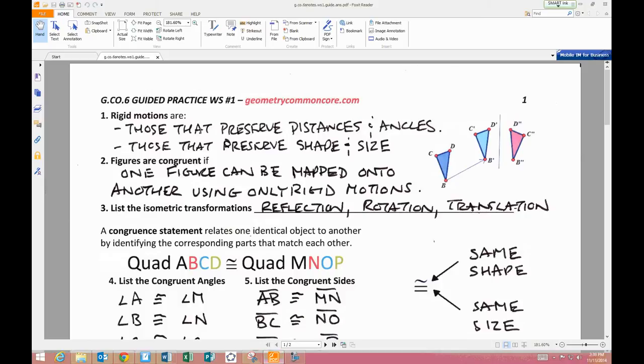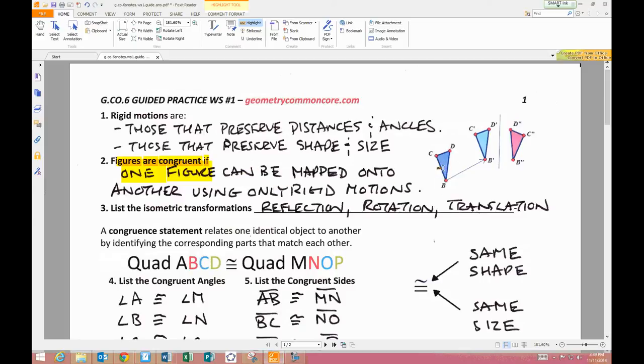Okay, remember rigid motions are those motions that preserve distances and angles as well as shape and size. Okay, those were 3 transformations. Those were translations, rotations, and reflections. We say that figures are congruent if one figure can be mapped onto another using rigid motion.